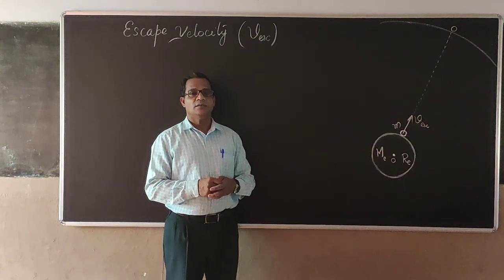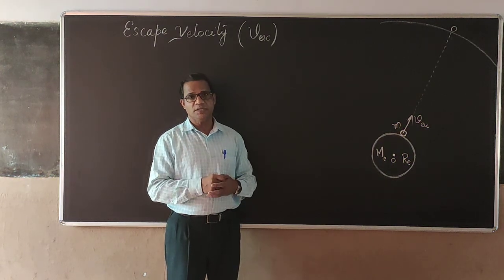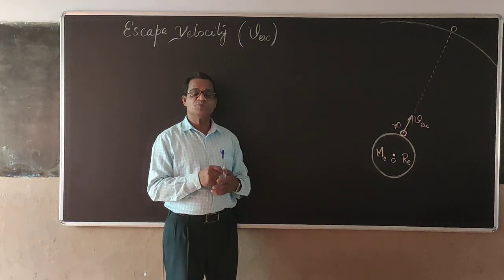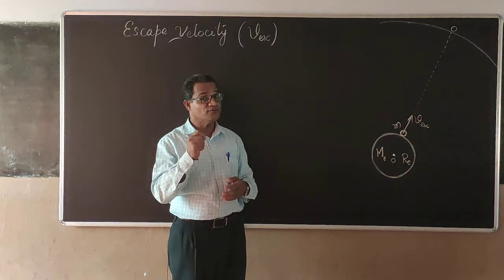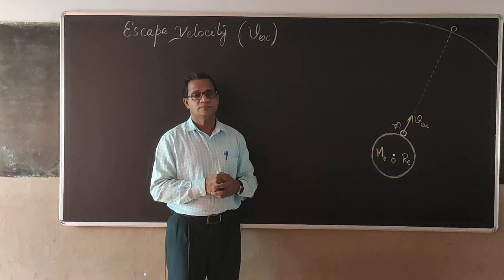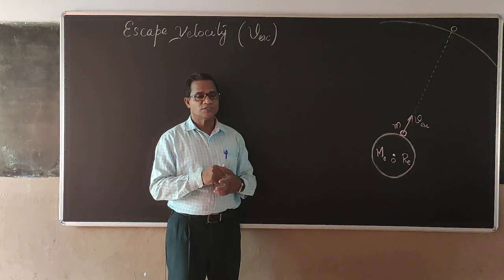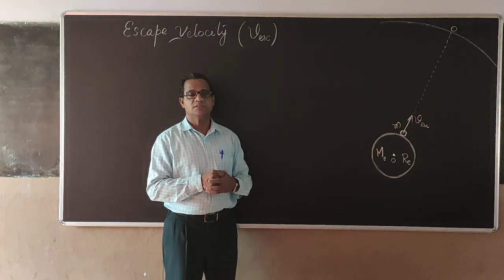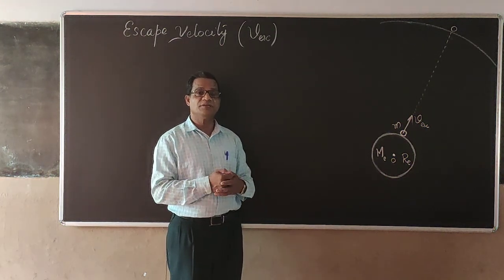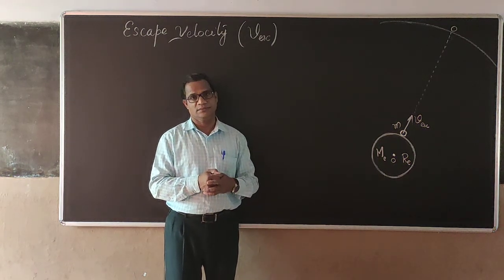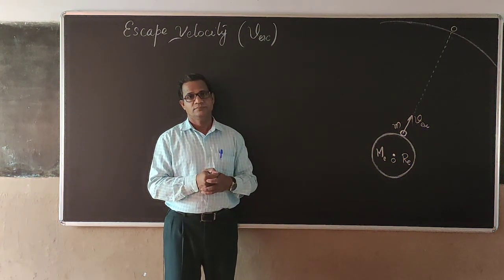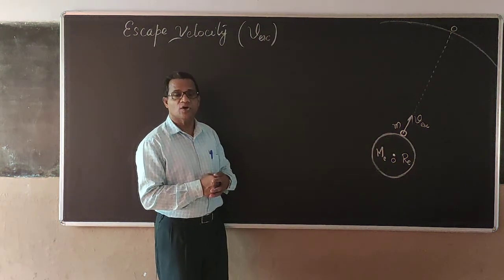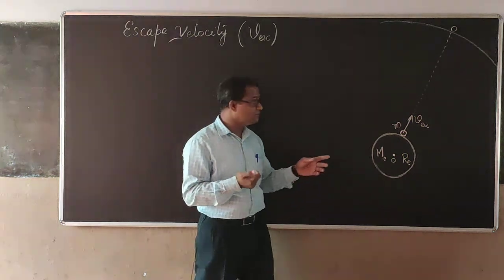It is the particular minimum velocity with which an object must be projected from the surface of Earth such that the body just goes out of the gravitational attraction of Earth. This is what you call escape velocity from the surface of the Earth.